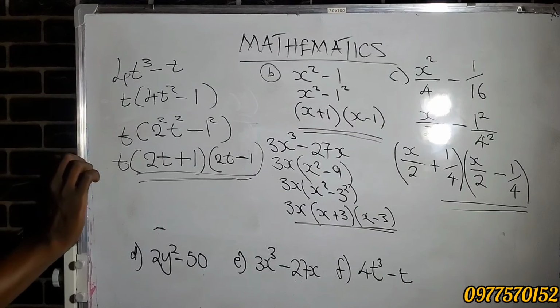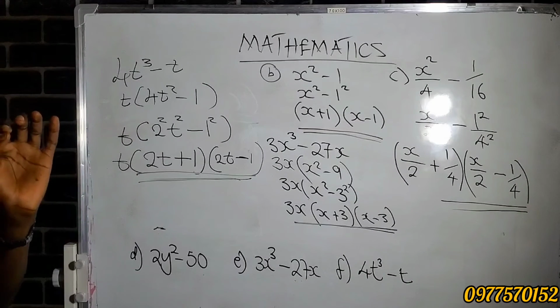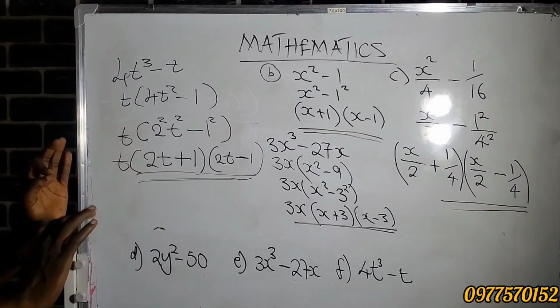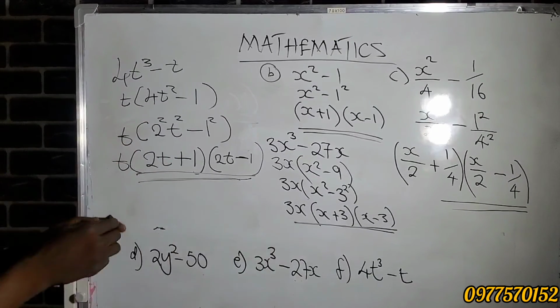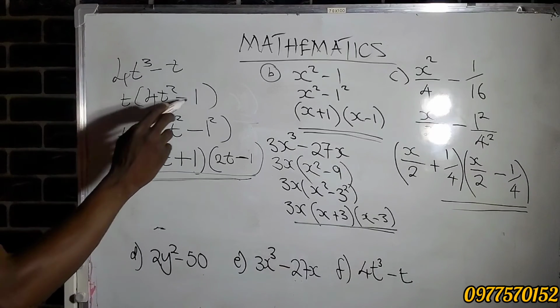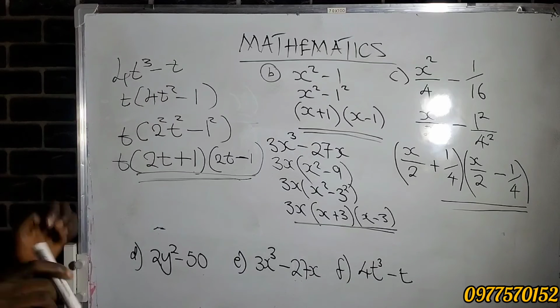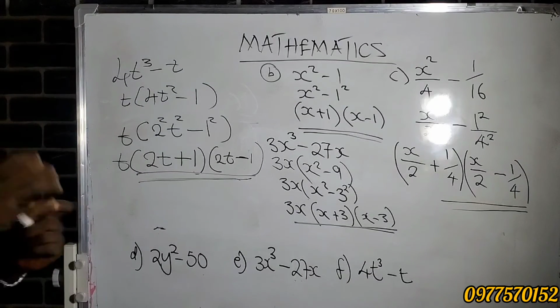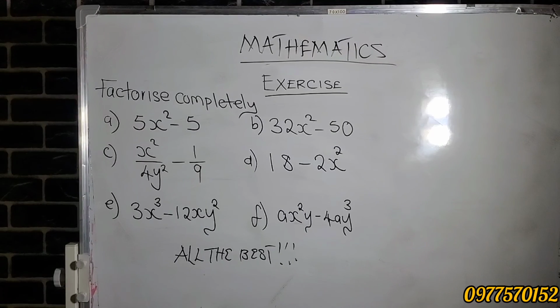Okay. After factorizing, the first step, you notice that it's a difference of what? A difference of 2 squares. Now, 4 can be written as 2 squared, t squared as t squared, then 1 can be written as what? 1 squared.